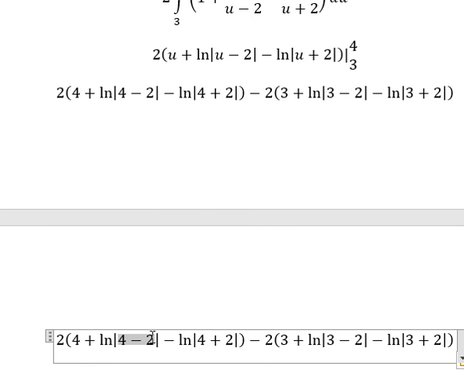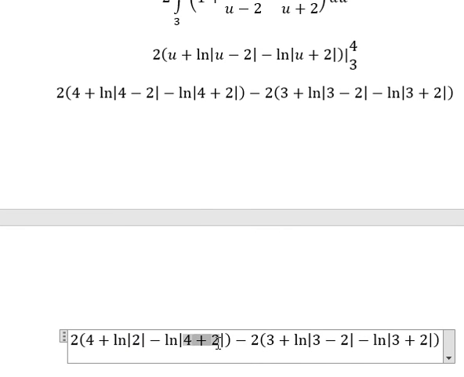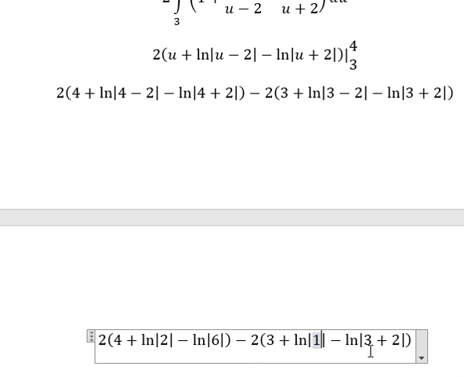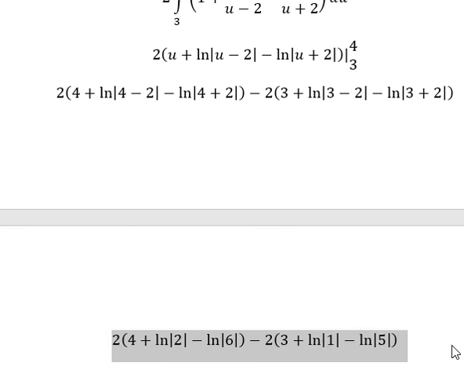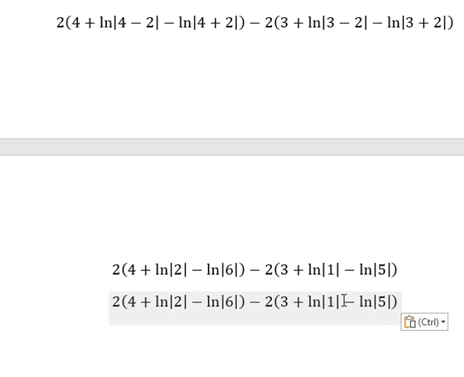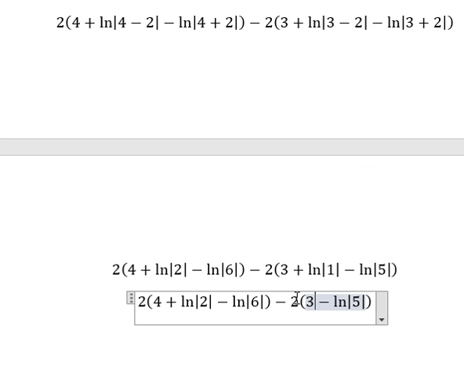So this one we have 2, this one we have 6, this one we have 1, this one we have 5. ln 1, you get 0.